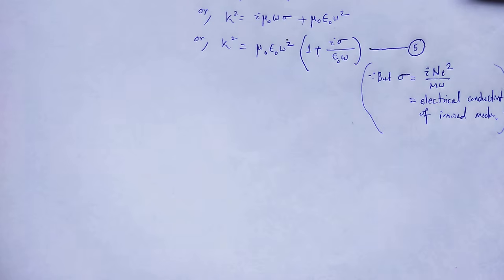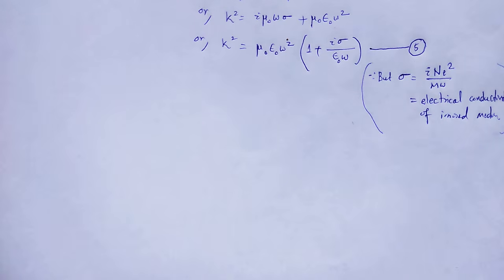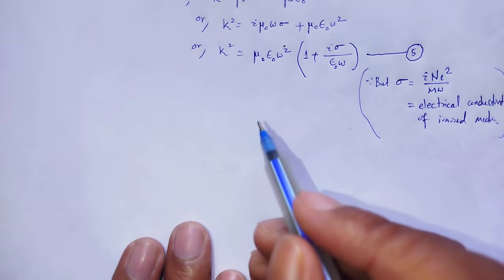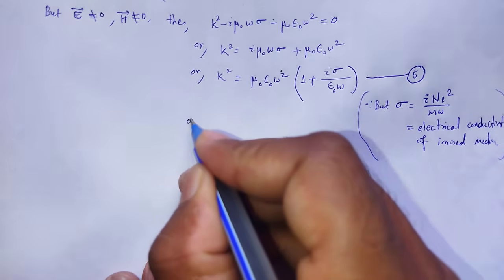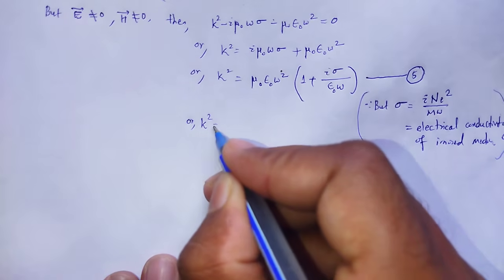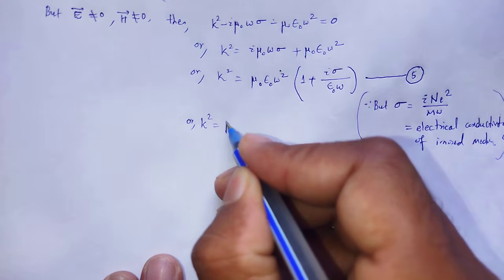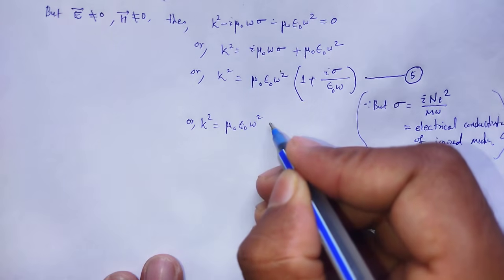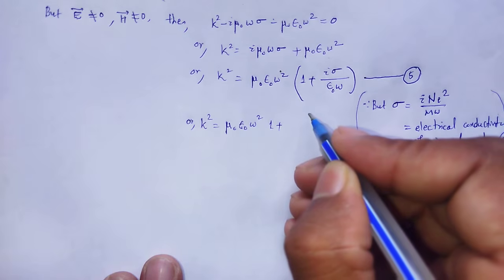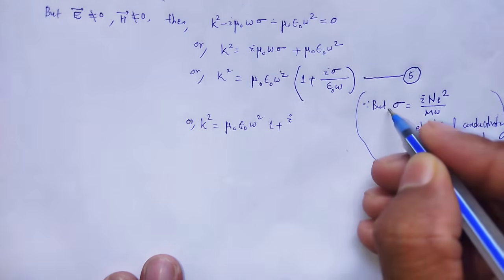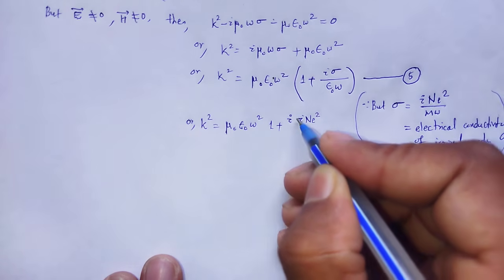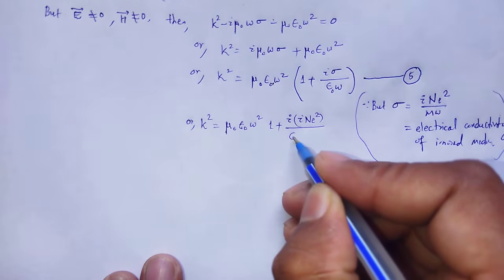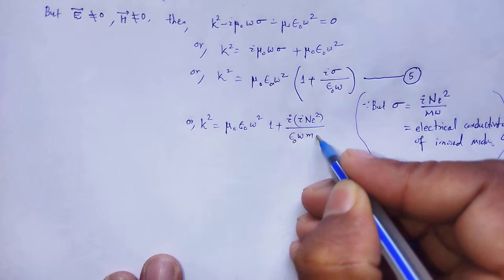Next, simplifying it, putting the value of that conductivity, k square is equal to mu naught epsilon naught omega square into 1 plus i, in place of that sigma, i n e square divided by epsilon naught omega m omega.